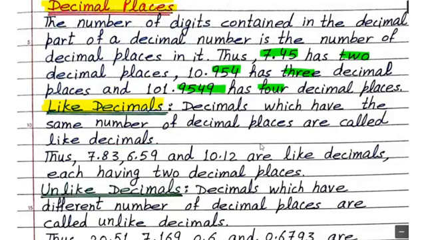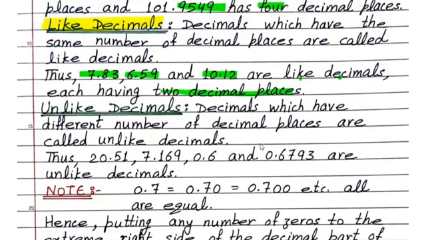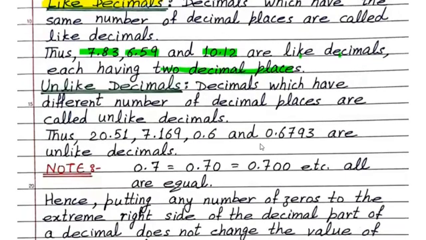For example, 7.83, 6.59, 10.12 are like decimals. Why children? Why are these like decimals? Because all are having 2 decimal places. So these are all like decimals. Clear?